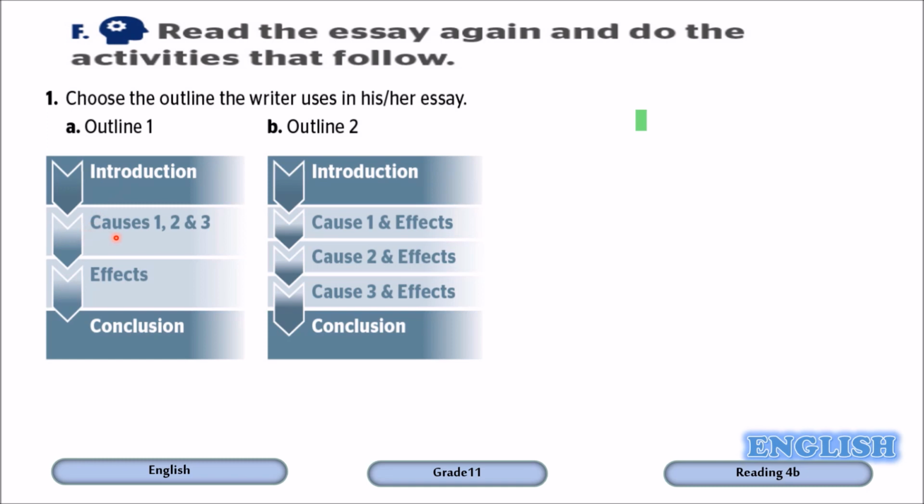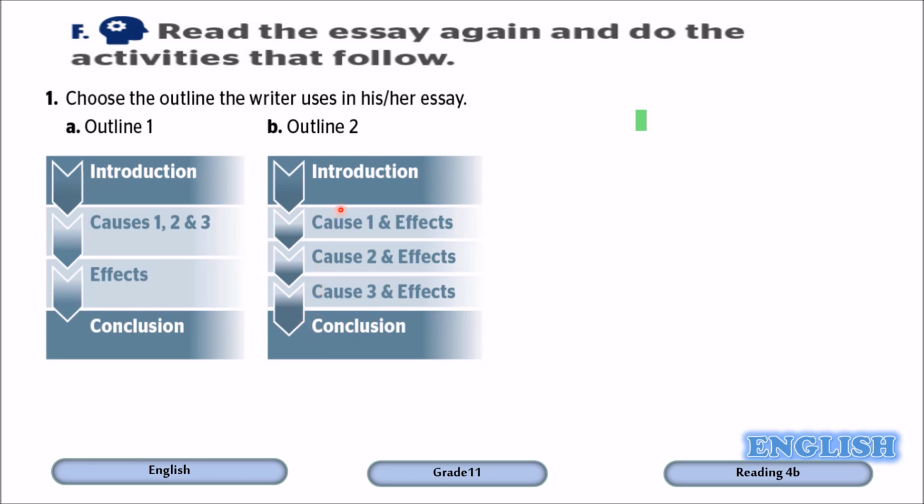In the second paragraph, causes number 1, 2, and 3. Then he mentions the effects in a separate paragraph, and then the conclusion. Or the introduction, cause number 1 and its effects, cause number 2 and its effects in separate paragraphs, cause number 3 and its effects, and then the conclusion.